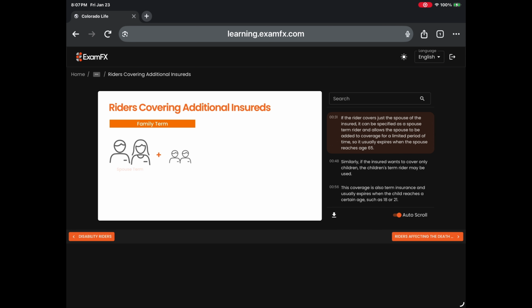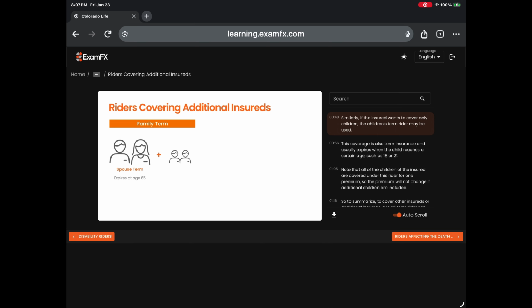If the rider covers just the spouse of the insured, it can be specified as a spouse term rider and allows the spouse to be added to coverage for a limited period of time, so it usually expires when the spouse reaches age 65. Similarly, if the insured wants to cover only children, the children's term rider may be used.